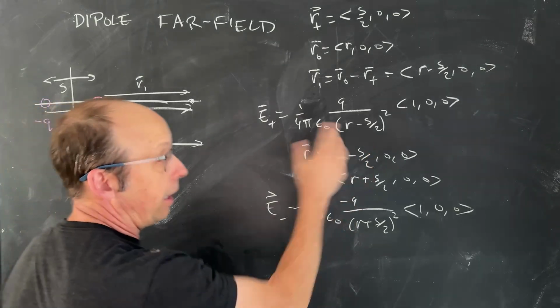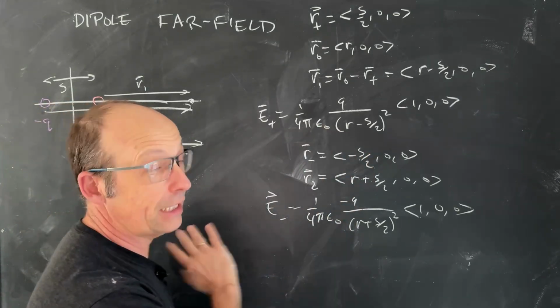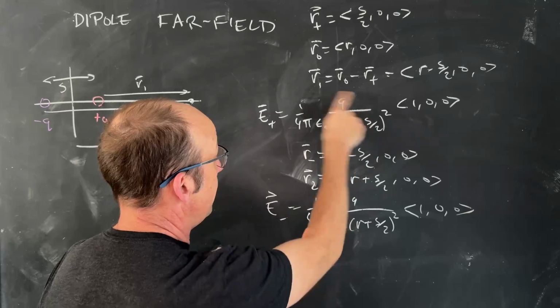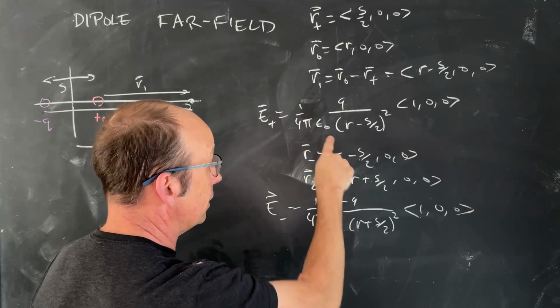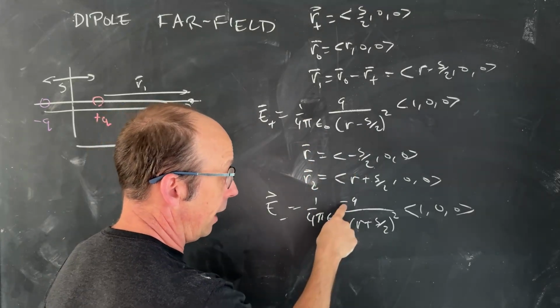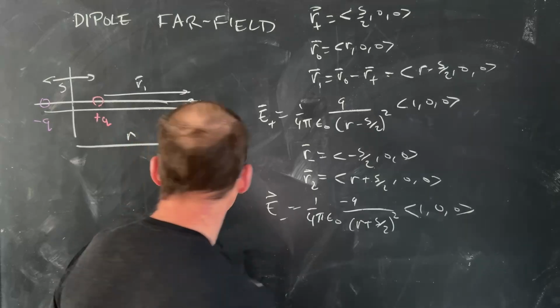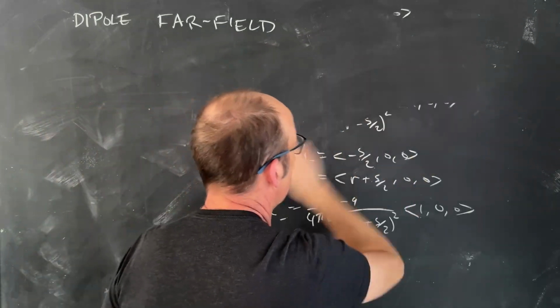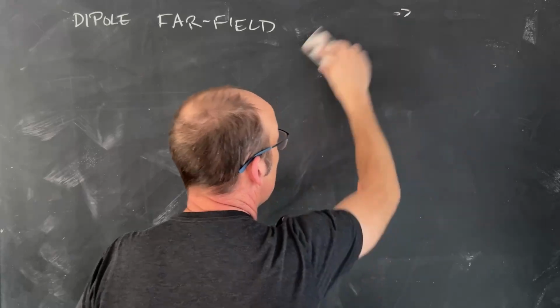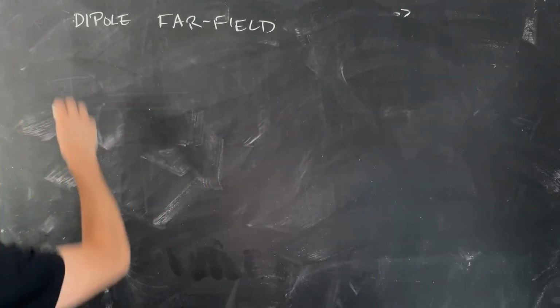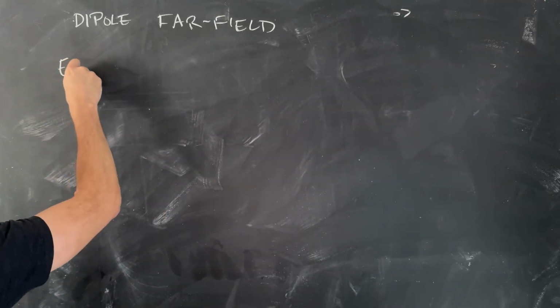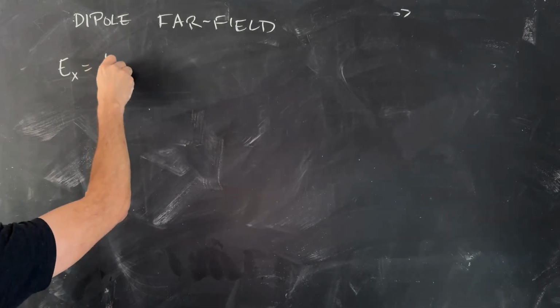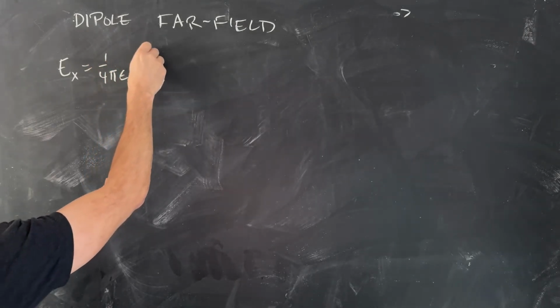And so I'm going to switch over to the x direction because that's all that matters, right? So I have this in the x direction for the positive, this in the x direction for the negative, and it does have a negative sign there. So let's just write this down, and I can remember it, okay? So Ex is going to be 1 over 4 pi epsilon naught q.